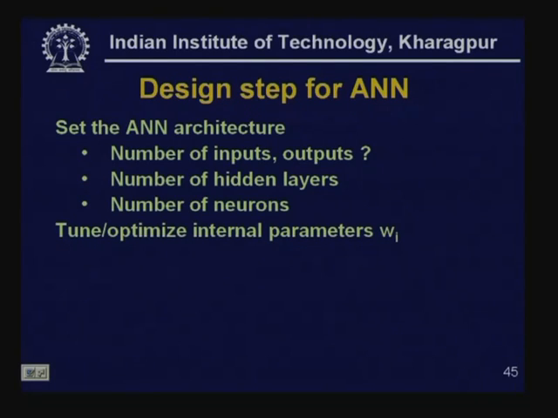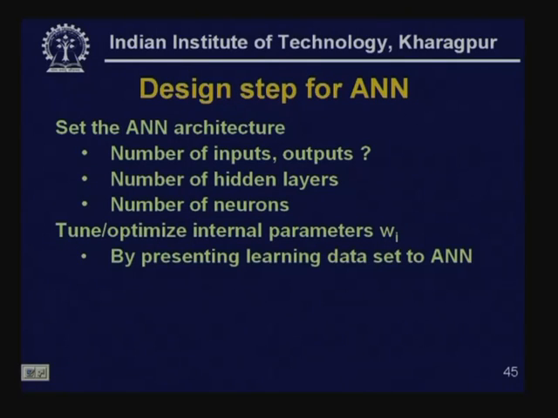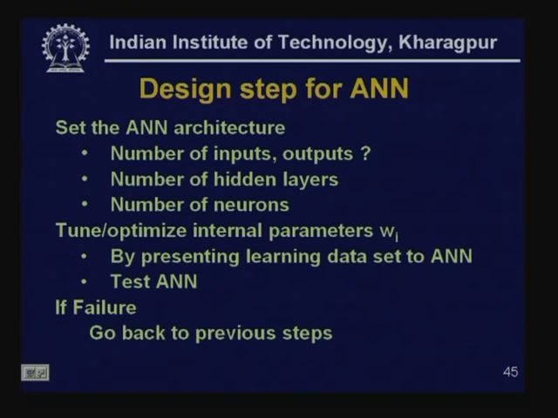Then you run gradient descent or other algorithms to optimize the weight vector values. Finally, you test the network, and if it is satisfactory, you are done. If the network is not satisfactory, you have to go back to the previous steps and try with different values of the parameters and maybe even a different topology.